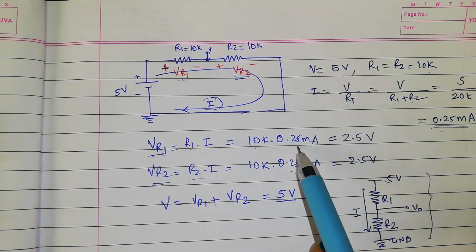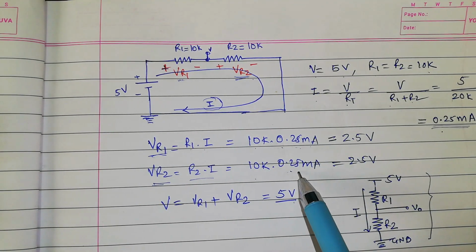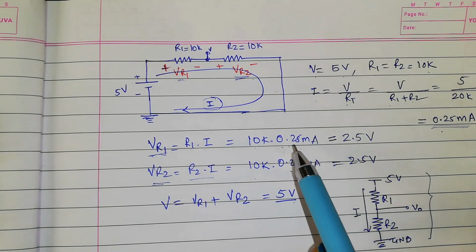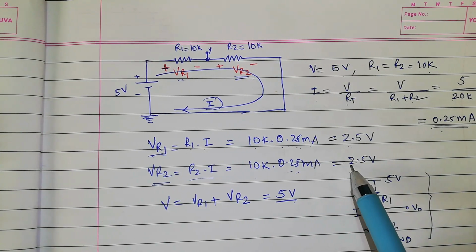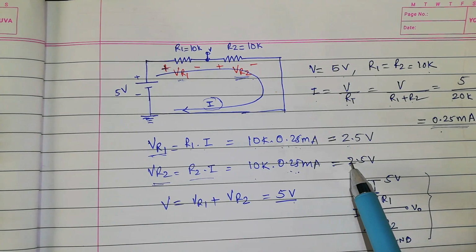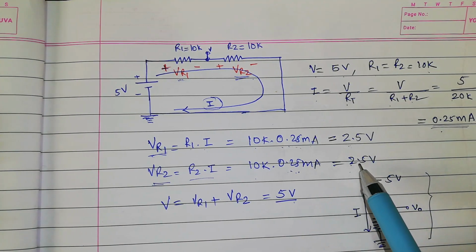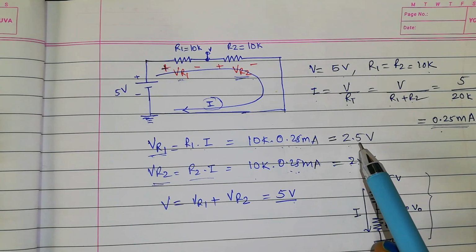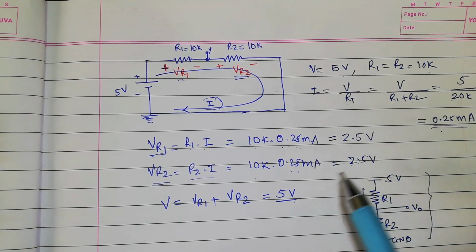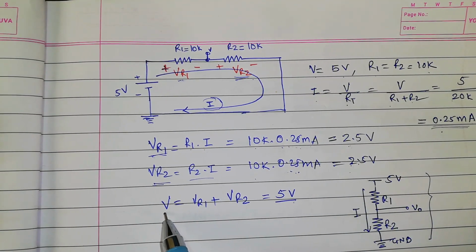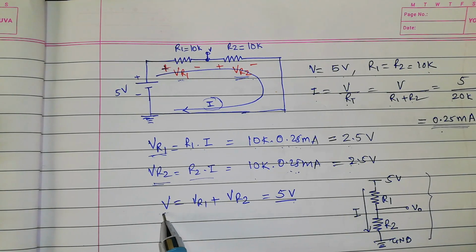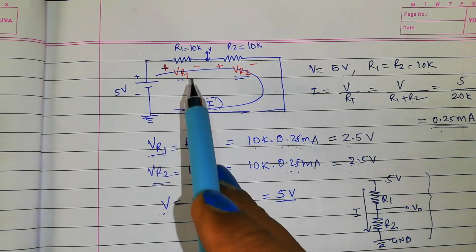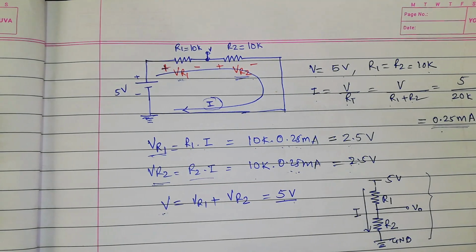Because of the series connection, the current is the same through both the resistors, which is 250 microampere, and therefore the resultant voltage drops across the resistors are 2.5 volt each, which equates to the total supplied voltage from the voltage source. So this is the voltage that you supply, which is 5 volt, and that is equally divided into the series circuit consisting of the resistors.